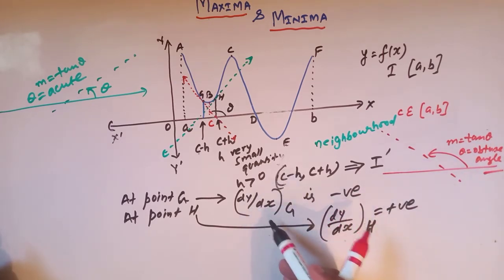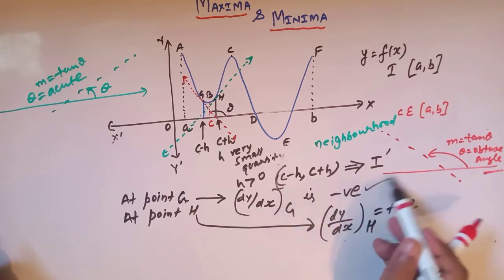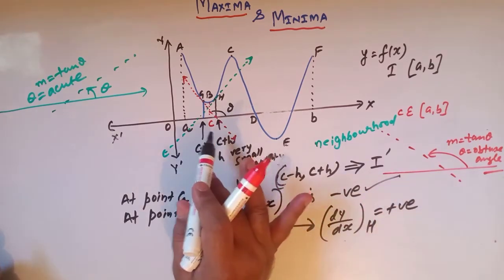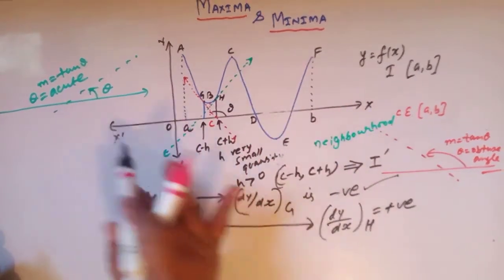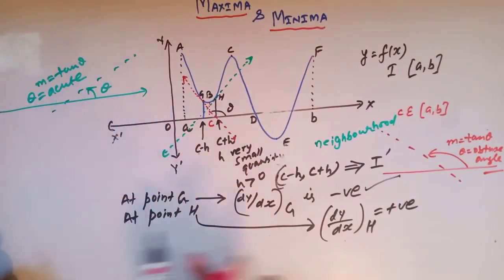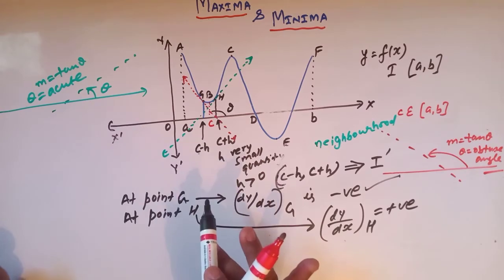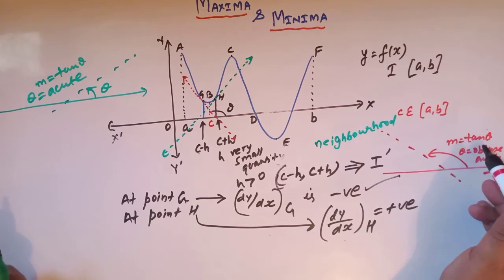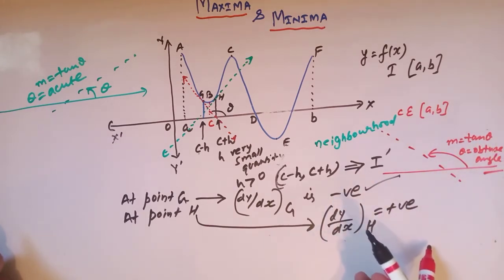So dy by dx at point G is negative, and at point H we see that the tangent is making an acute angle, and this acute angle lies in the first quadrant, and in the first quadrant tan theta is positive, and so our slope is positive, clear.